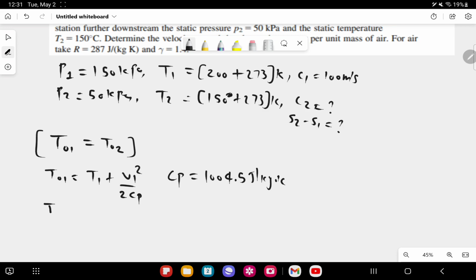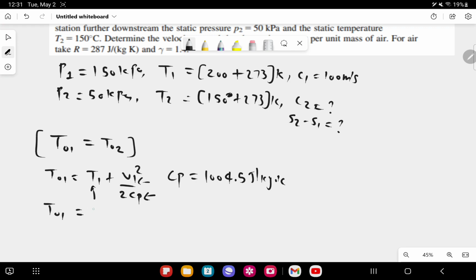Now we know the values of T1, V1 and Cp. Therefore, let's substitute the values of T1, V1 and Cp into this equation in order to first calculate the value of stagnation temperature at station 1.